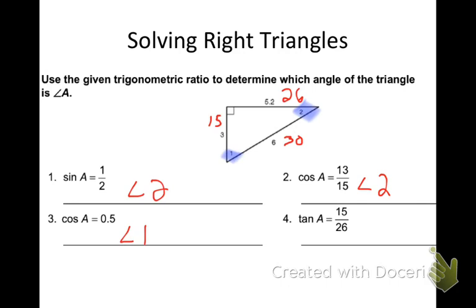It is not 1, because it is actually 2. Opposite over adjacent. I want the opposite is 15, so that means angle 2. Okay. Again, that just kind of helps us identify sine, cosine, tangent.